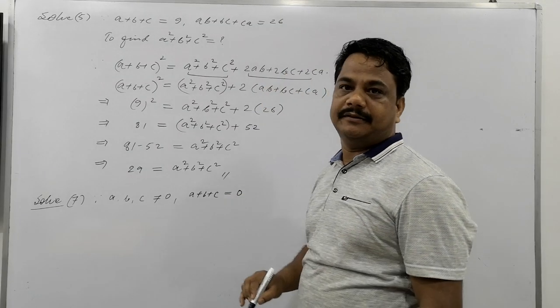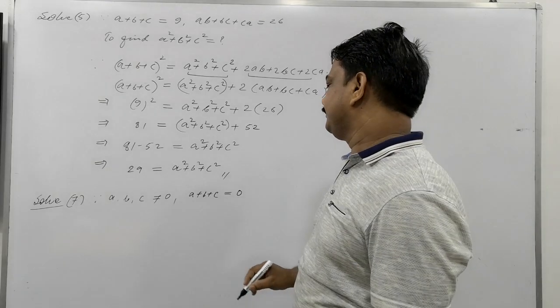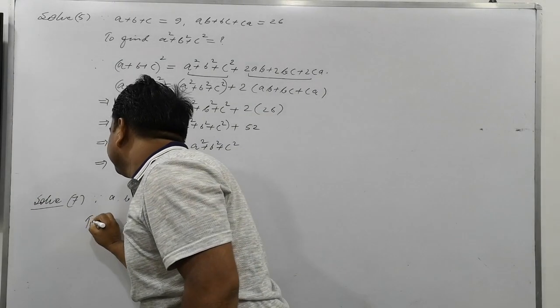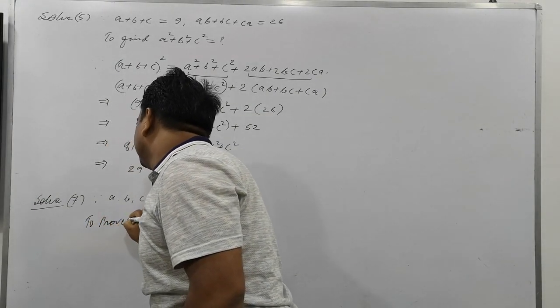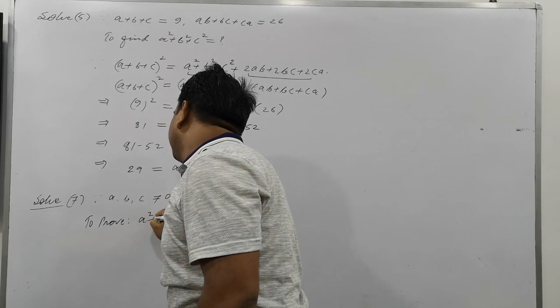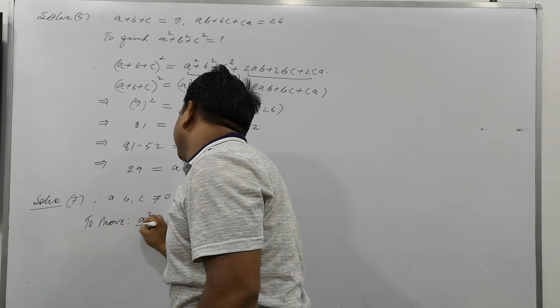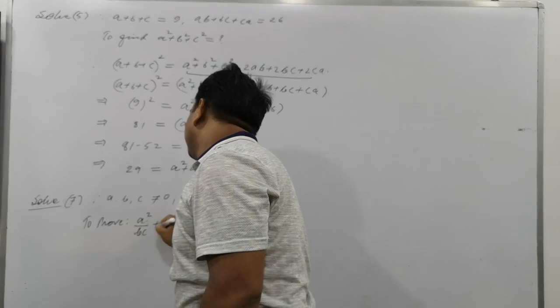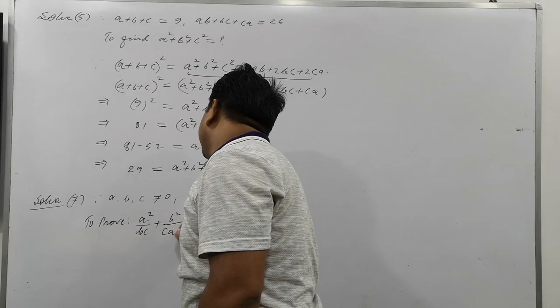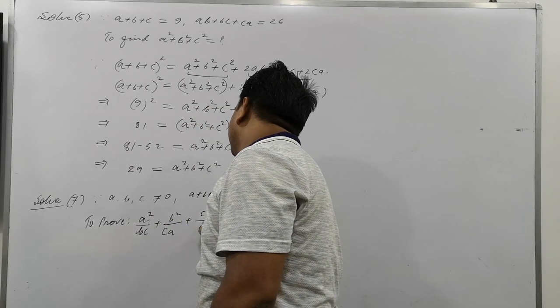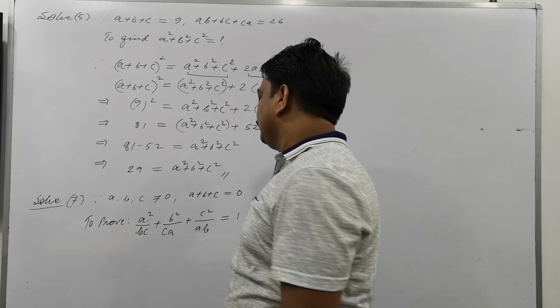Their sum can be 0. Exactly. Prove that a square upon bc, plus b square upon ca, plus c square upon ab equals 3.